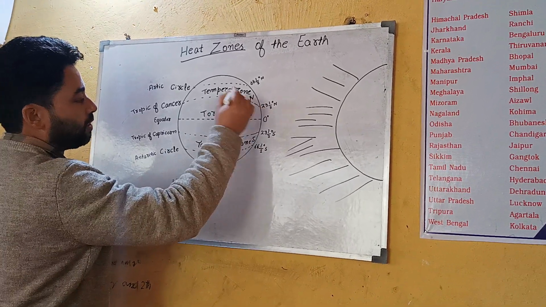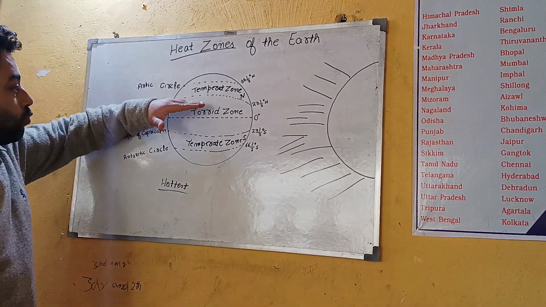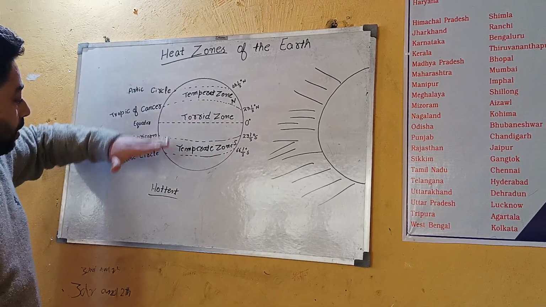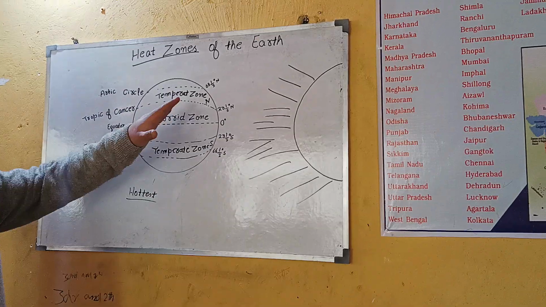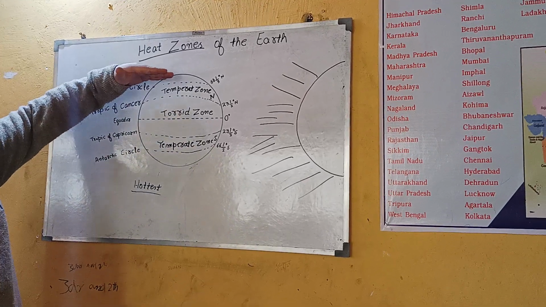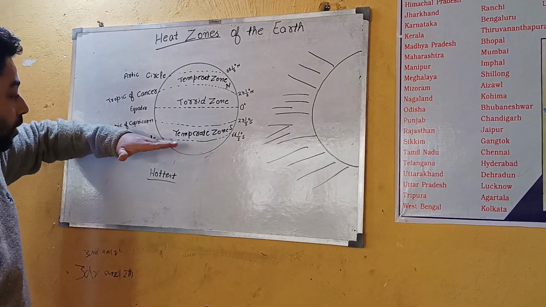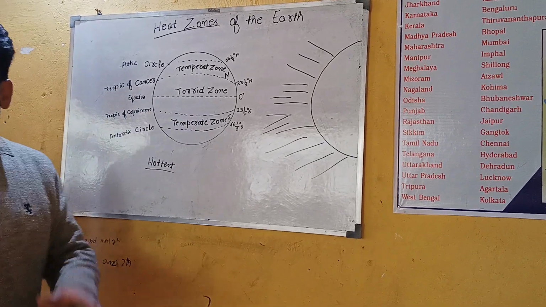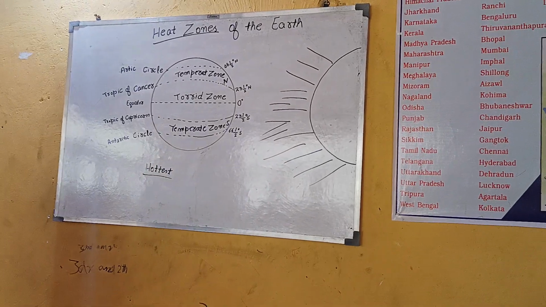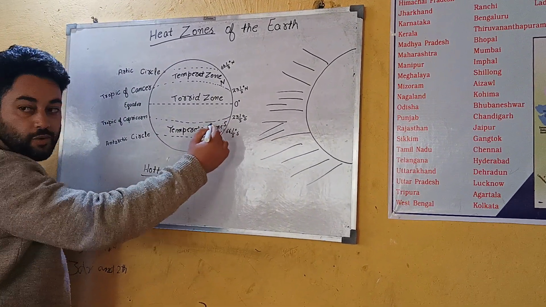This zone lies between the Tropic of Cancer and the Arctic Circle in the north, and the Tropic of Capricorn and the Antarctic Circle in the south. That means there are two temperate zones on the Earth. Sun rays never fall vertically on them.